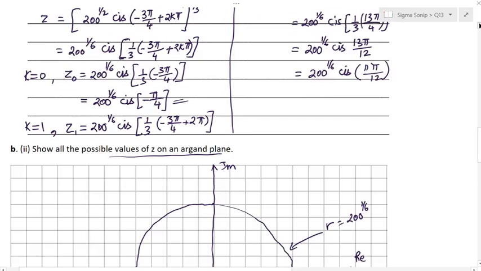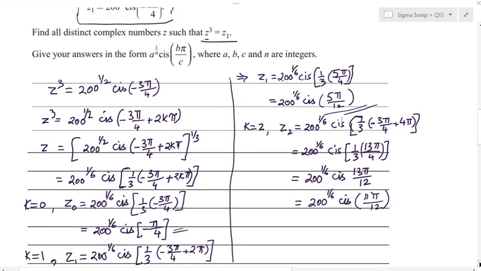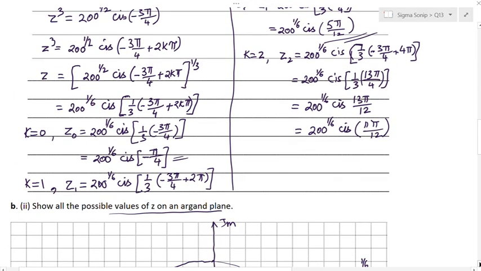And the next root that we found was 5 pi over 12. We can convert these into degrees so that we can look at them properly. Pi over 12 is 180 over 12, which is 15. 15 times 5 is 75.